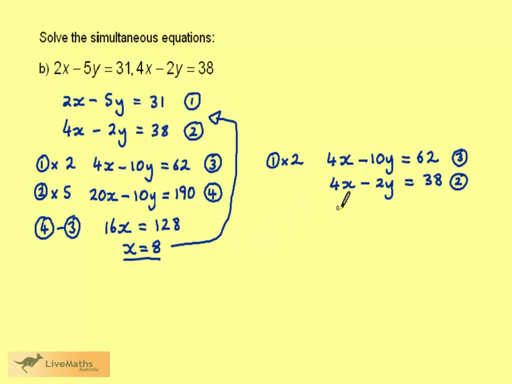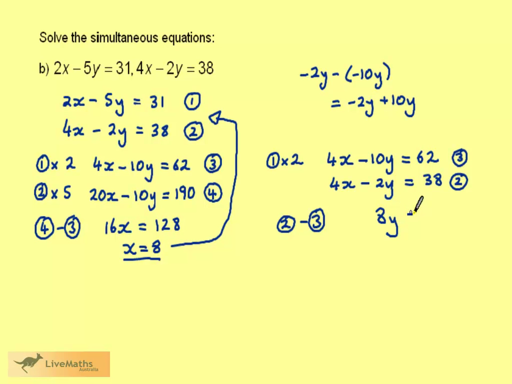Let's look at using the other pair of equations. We have the same number of x's and the sign is the same, so once again we subtract. Do equation 2, take away equation 3. The x's disappear. Here we have minus 2y, take away minus 10y. This is minus 2y plus 10y, which is 8y.